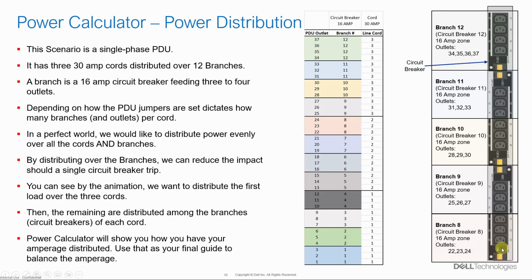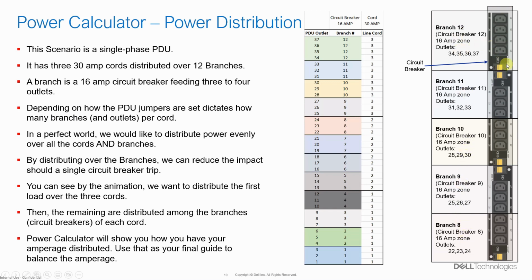So here is the top couple branches of the PDU that I have. As you can see, I have 4 outlets here and they are associated with this circuit breaker and they call that a branch. So you can see this is CB12, circuit breaker 12, but it's called branch 12 in the configurator. So each of these are broken into different branches, right? Some people call them zones.